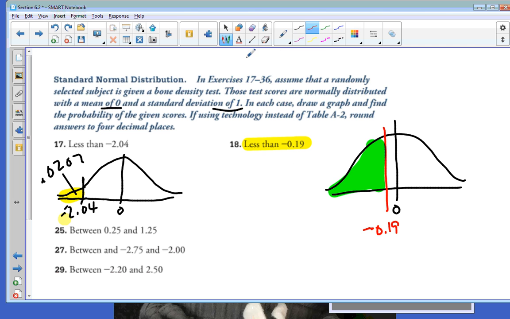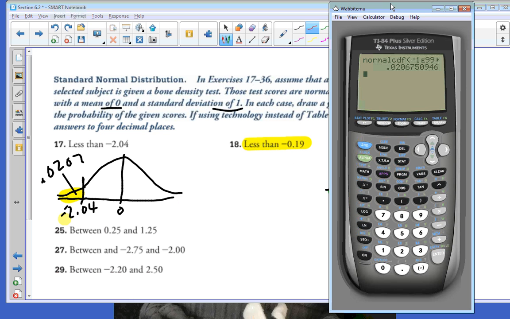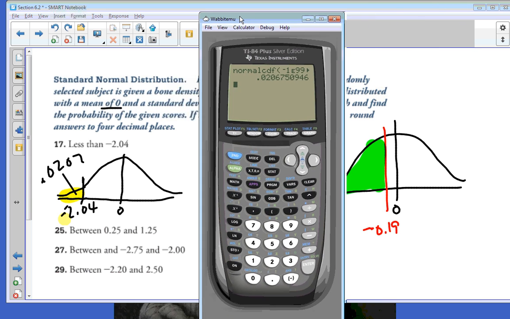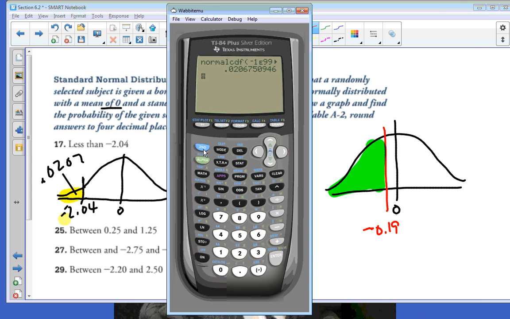Again, we can highlight that area. Again, we can go to our calculator, to our normal curve, and I'm going to put from the very end, negative 99999, to negative 0.19. That's my z. Again, I'm looking for area, and enter.